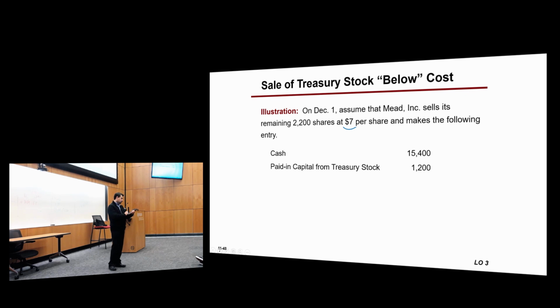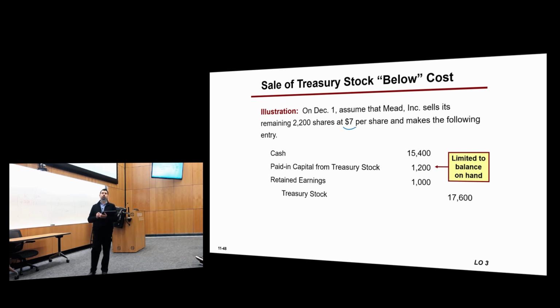Paid-in capital would be debited 1,200. 17,600 will be credited to treasury stock. So this is based on what? This is equal to 2,200 multiplied by 8. This is 2,200 multiplied by 7. That's the remaining balance in paid-in capital.